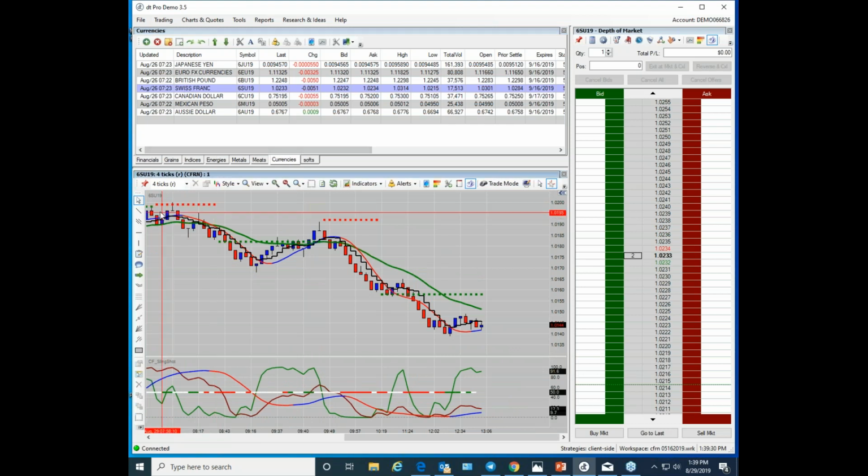The Swissy, definitely trending, right? There's one of those examples where it doesn't get to the BBC and fail. Here's another example. Gets to the BBC and fails. Not only that, the line is blue, so the trend line is required, and a close below the trend line is also required.